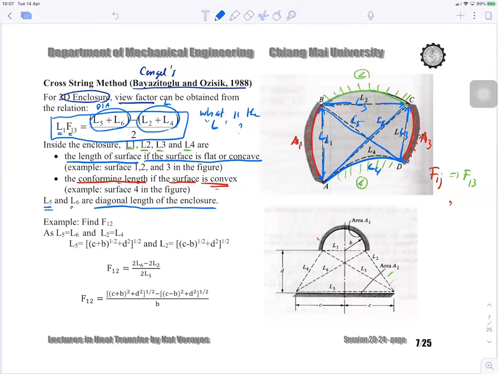This is the length in between, meaning that we're going to use a green one. The first bracket is the summation of this diagonal line. L2 and L4 are the connecting lines. Okay, so that's the concept.